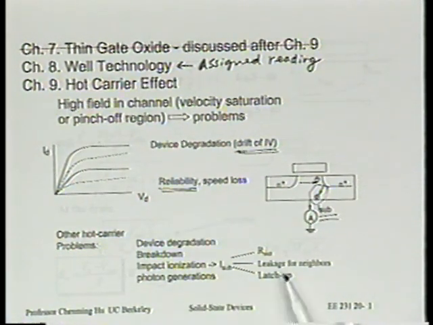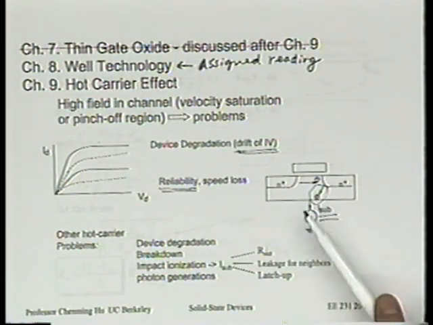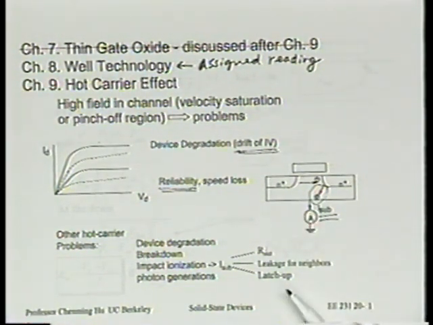Okay? And this will cause leakage current in the neighbors. This is known, unless you take caution to guard against it, to reduce the refresh time of DRAMs, for example. This could be a problem. All right? And in a really bad case, it can even cause latch up.